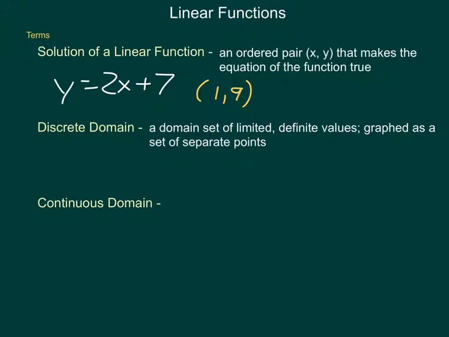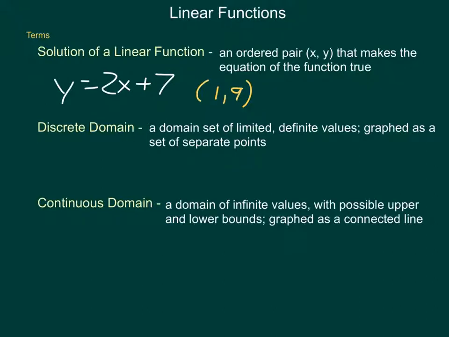Last here, a continuous domain, which is a domain of infinite values with possible upper and lower bounds, graphed as a connected line. What I mean by it being both infinite and having bounds is that I can be working in a function, so a quick graph, and then have it be everything from a certain starting value to a certain ending value, but everything in between.